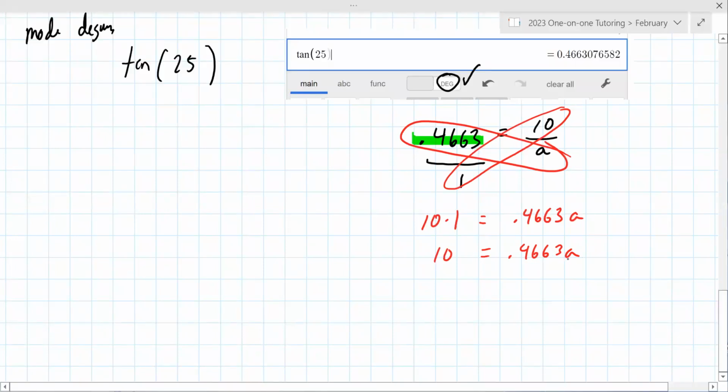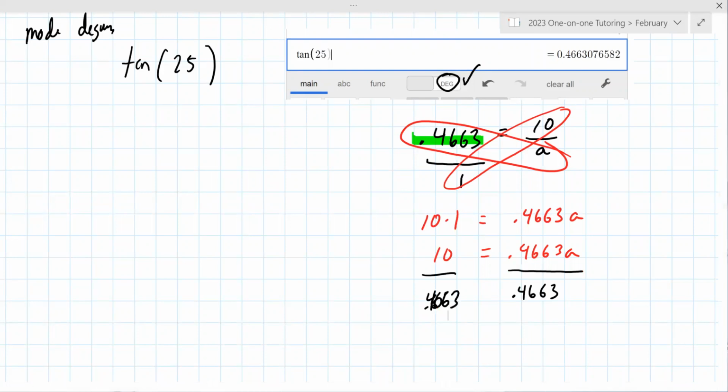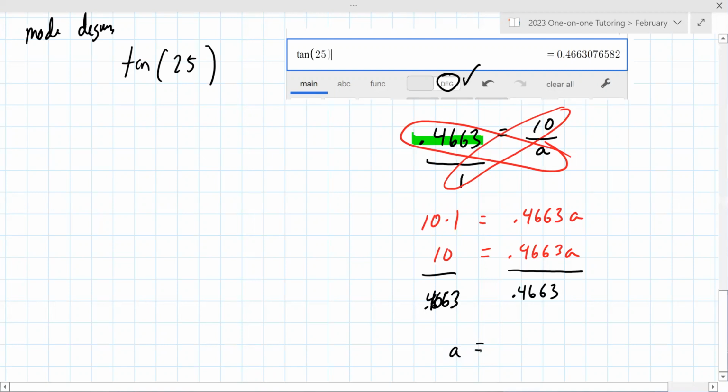Am I going to divide 10 and 4663? Just 0.4663 on both sides. So then A equals, and then I'll do divided by 10. Wait, let me delete that one part, because tan 25.